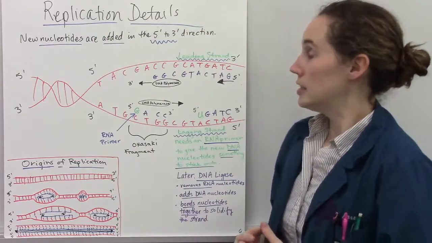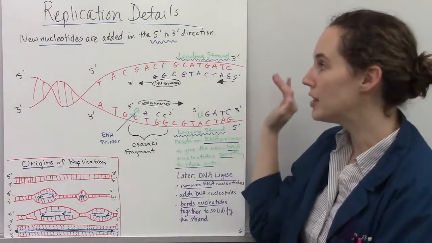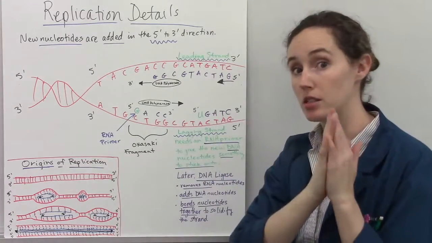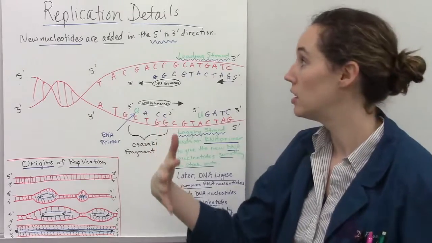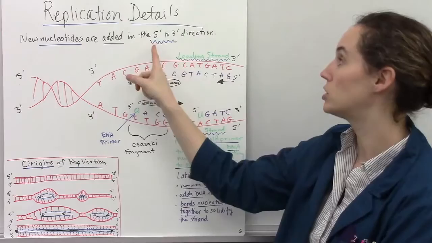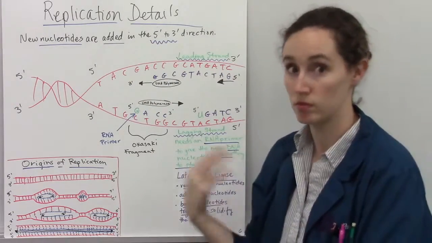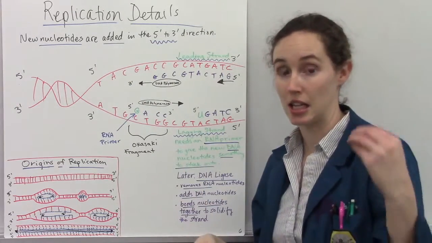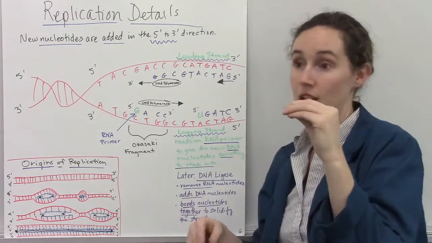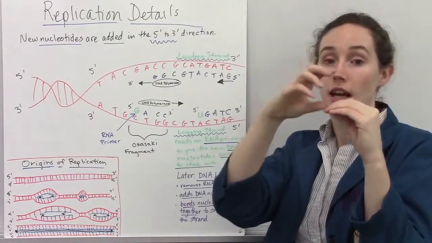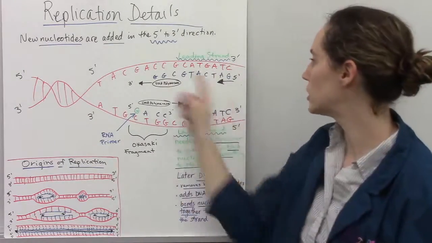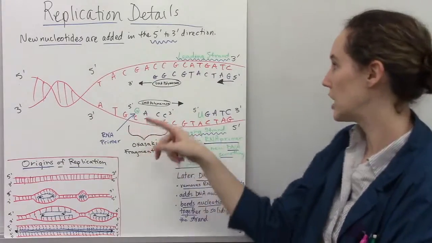All right, so when we're adding new nucleotides, when DNA polymerase is adding new complementary bases to our open strands, it has to add them in the 5' to 3' direction. So, right, it's got to find a little phosphate 5', and add our new ones onto that end, building towards the 3' direction. So let's just give a little look here.